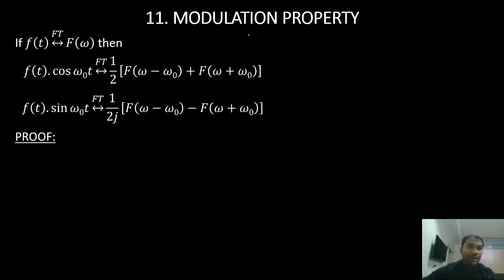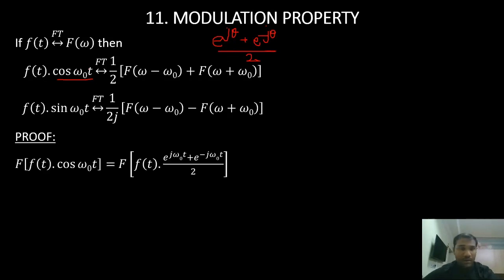F of t into cos omega naught t. What is cos omega naught t? I can write it in the form of e power j theta plus e power minus j theta divided by 2. Here theta is equal to omega naught t, right? So in place of cos omega naught t, I substituted e power j omega naught t plus e power minus j omega naught t by 2.